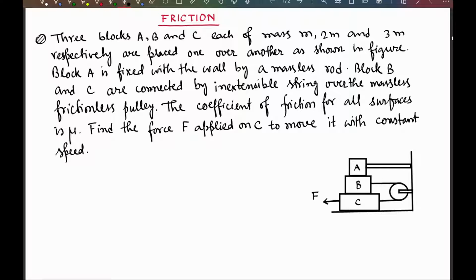Blocks B and C are connected by an inextensible string over a massless frictionless pulley. The coefficient of friction for all surfaces is mu. Find the force applied on C to move it with constant speed.